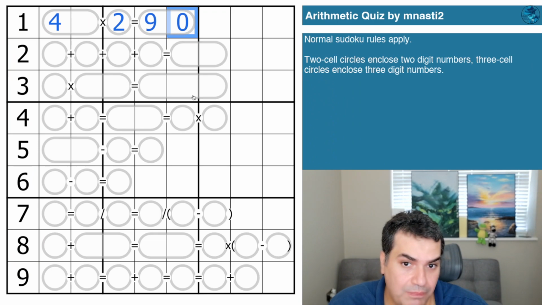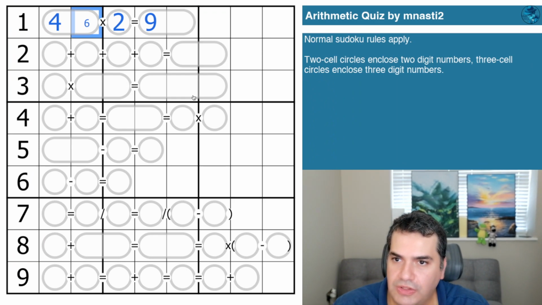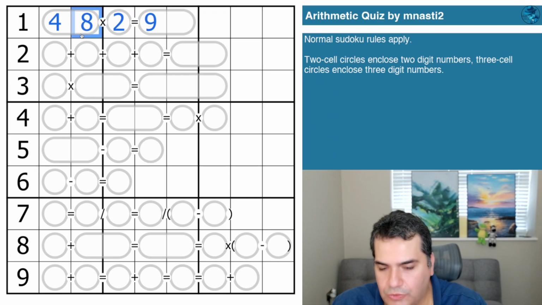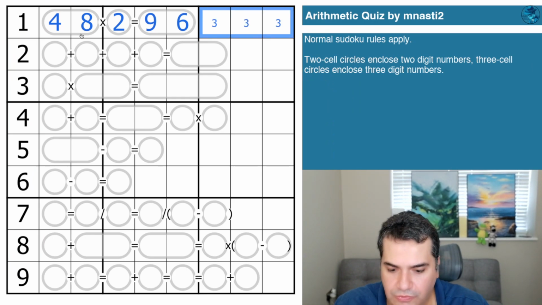I can put a 0 in the software, but it's not an allowed digit today. 46 times 2 would be 92, repeating the 2. 47 would be 94, repeating the 4. We're not doing that either. 48, I think, is the only available possibility now, because we've already placed the 9. So 48, 96, and to finish the top row, we need 3, 5, and 7.